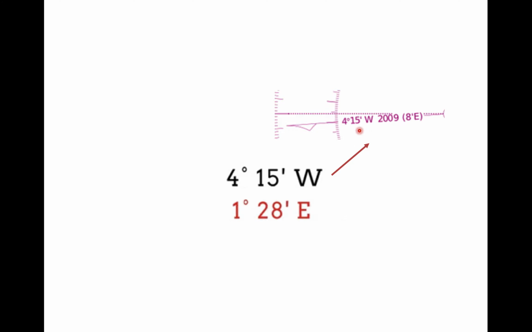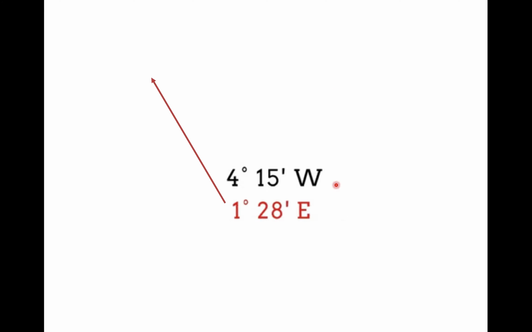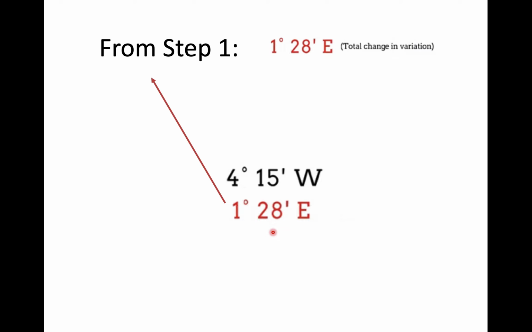This was the variation taken in 2009, sorry. This is in the compass rose. That is the given. What about 1 degree 28 minutes east? This is what we solved in step 1. This is the total change in variation, the result from step 1.